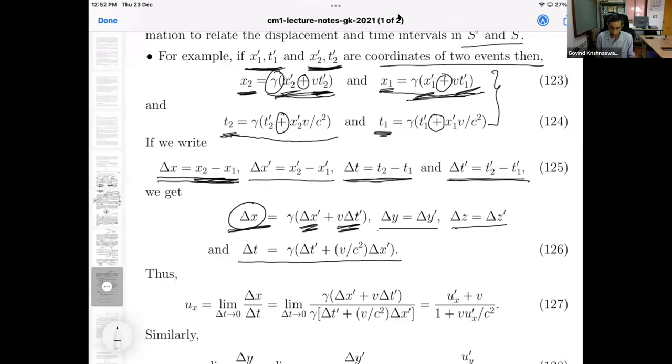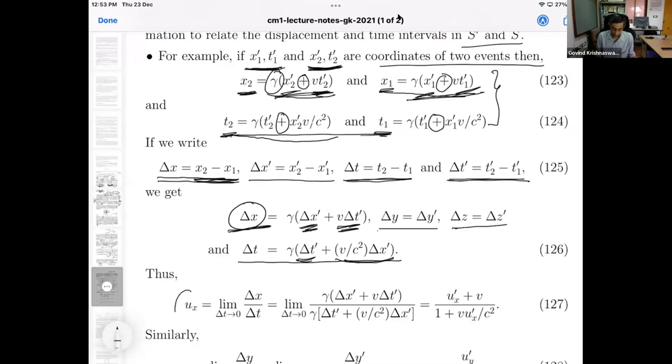So if I take the difference between t2 and t1, I will get gamma times delta t prime plus v upon c squared delta x prime. Okay, so one just needs to be a little patient and write down this formula carefully, and then the answer is very easy to get. So let us see. This is a nice calculation.